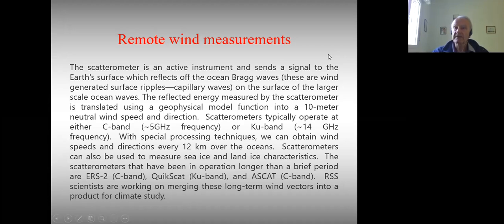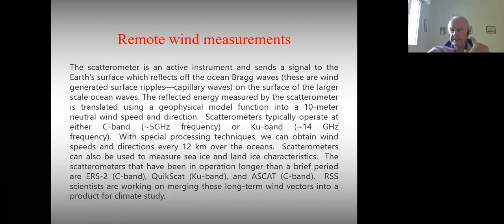which is then reflected by the Bragg waves, and these are wind waves, ripples or capillary waves, which are superimposed on the large wind waves. This reflected energy is then measured by the scatterometer and translated into 10-meter neutral wind speed and direction.